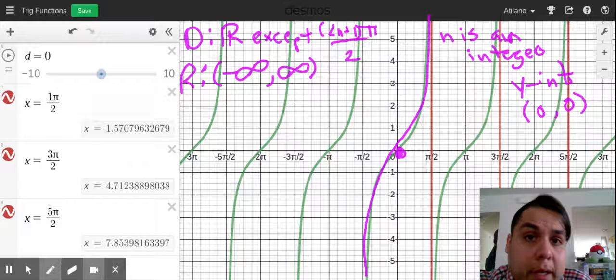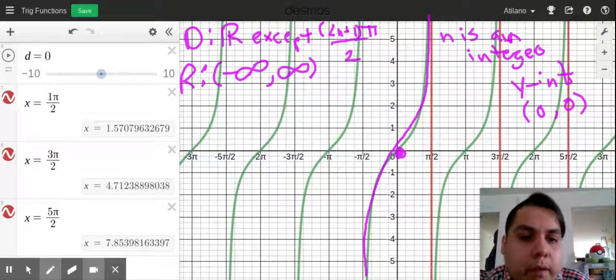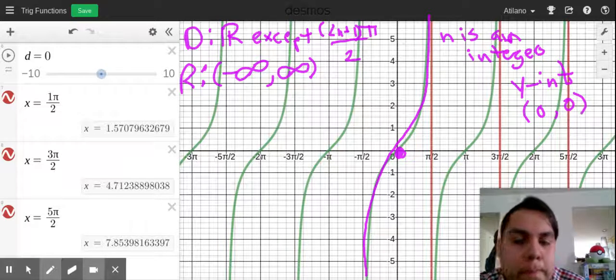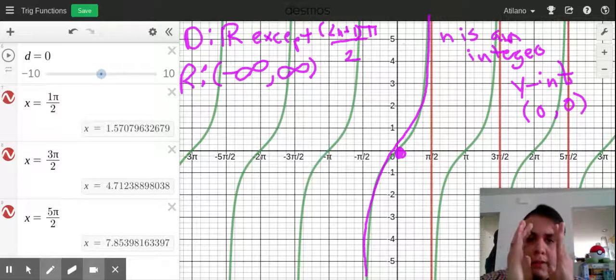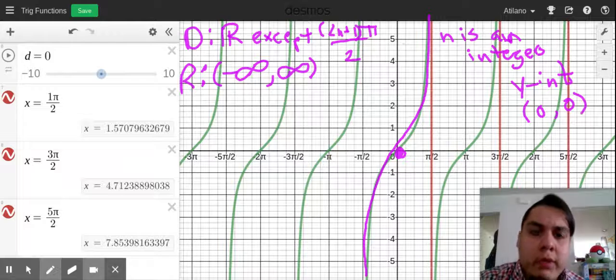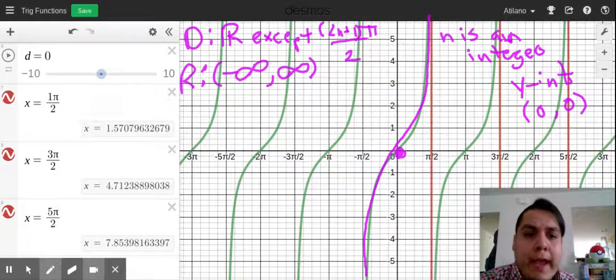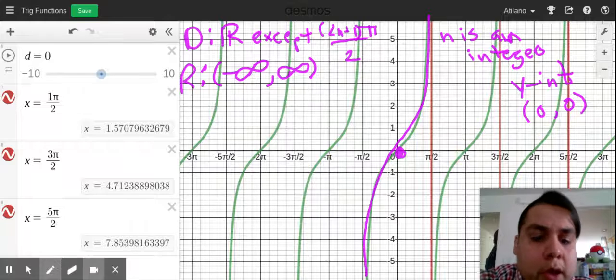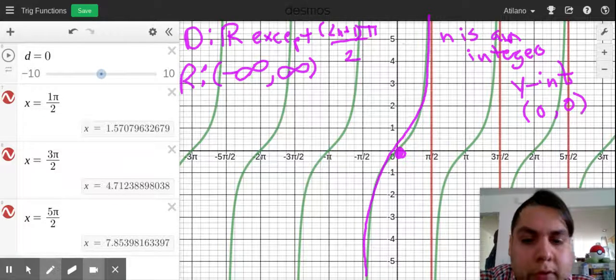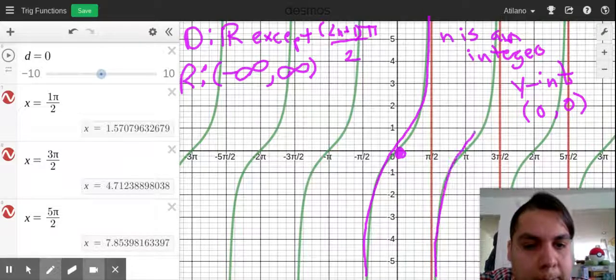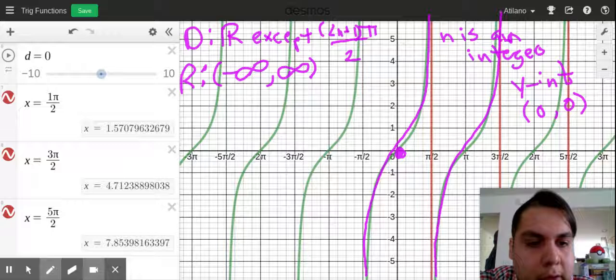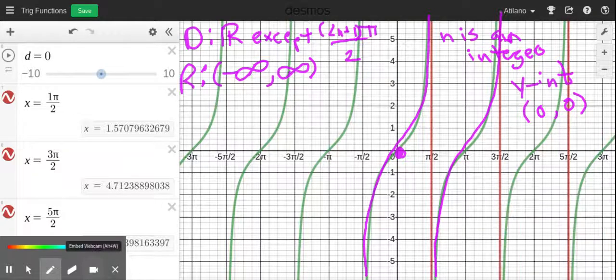All right. So now we need to talk about the period of this graph. Remember, the period is the span of time, how often this graph will repeat its behavior. And the way I see it, it goes from negative infinity all the way to positive infinity, and then again from negative infinity to positive infinity.